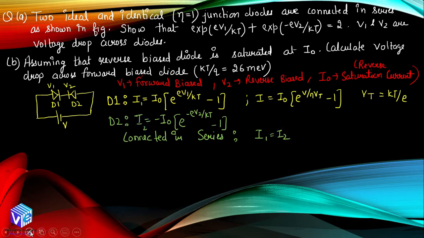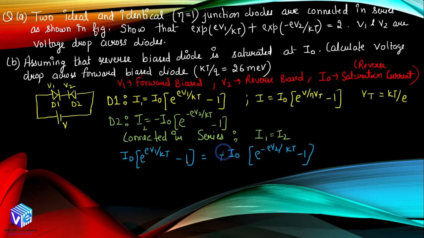So I can represent it as I naught e raised to power EV1 upon KT minus 1 will be equal to minus I naught e raised to power minus EV2 upon KT minus 1. I naught cancels with I naught, and the minus sign will remain as it is, so there is no problem in the minus sign.